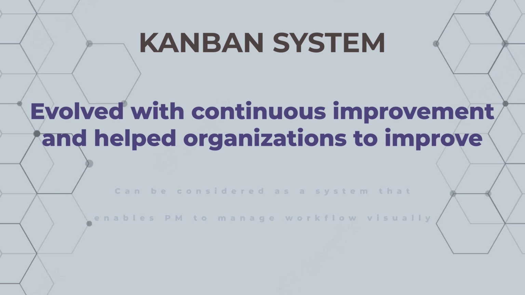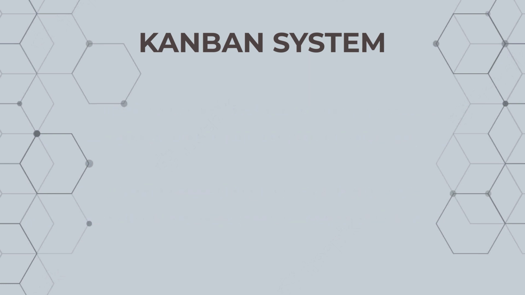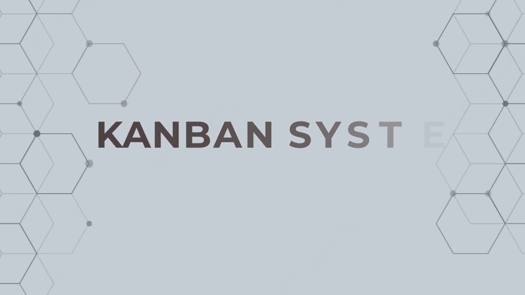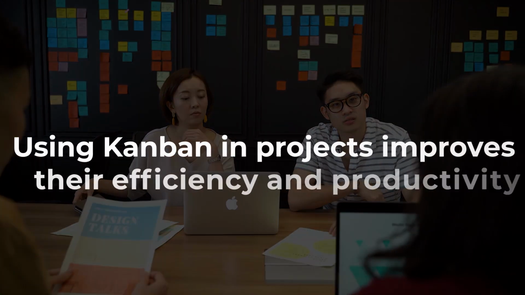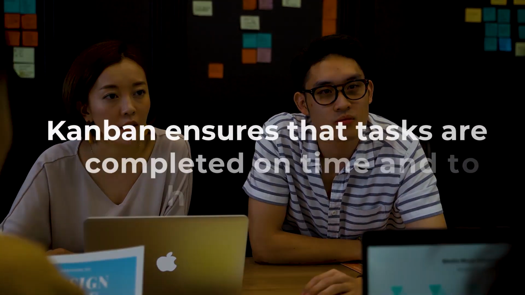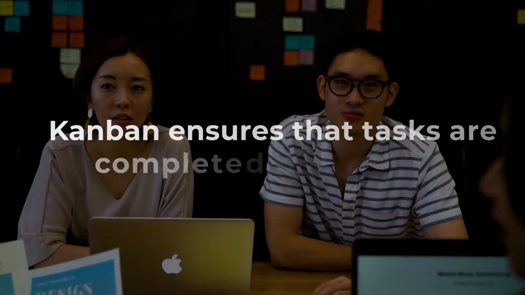Consider Kanban as a system which can enable you as a project manager to manage the workflow to complete a task visually during project execution. It has been seen that by using Kanban in project management, projects can significantly improve their efficiency and productivity, as well as ensure that tasks are completed on time and to the highest standards.